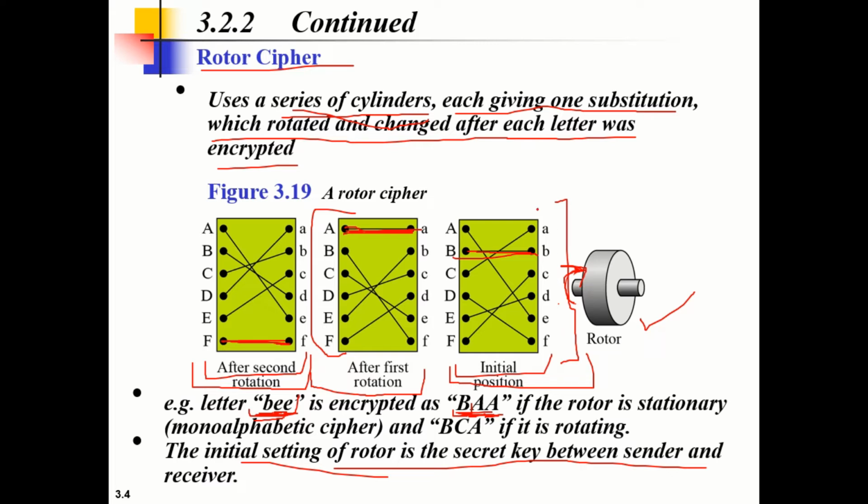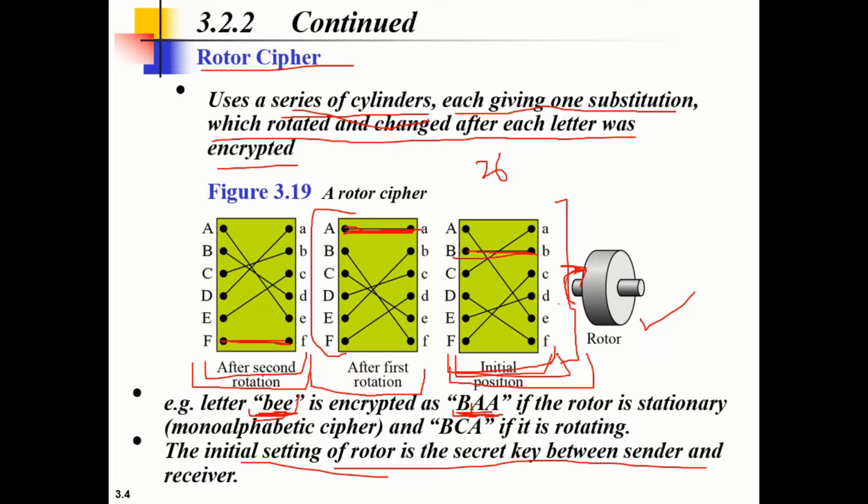Actually, as I already told you, we have cylinders with 26 pins from A to Z, and here we have only one cylinder at one step. We can have multiple cylinders also. As the number of cylinders increases, the level of security also increases.